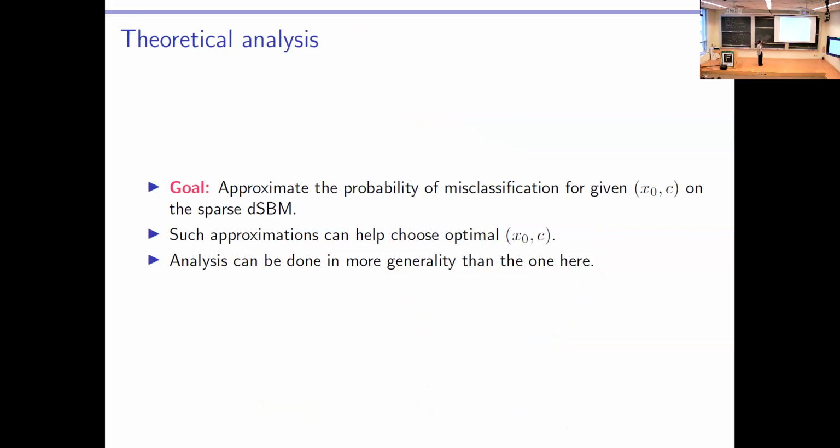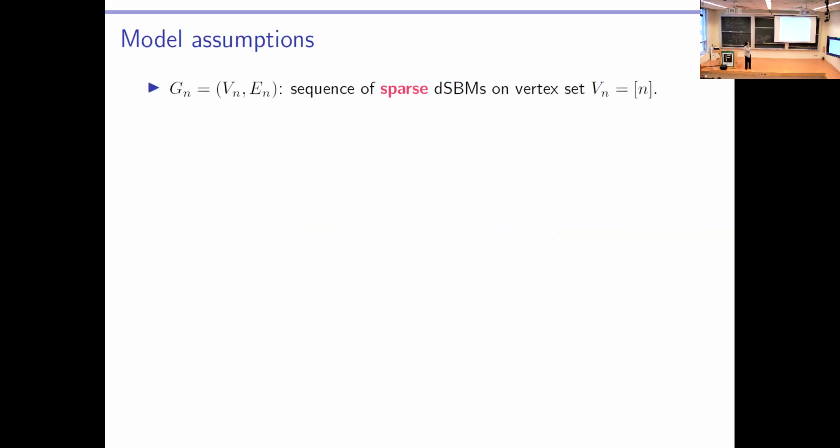So we tried to get some theoretical analysis of the misclassification probability under this PageRank Nibble algorithm. Again, we have the algorithm with the two parameters that have to be chosen, X0 and C, and we have the sparse SVM, and we want to provide some theoretical justification of why this works, what matters, and how you choose the X0 and the C.